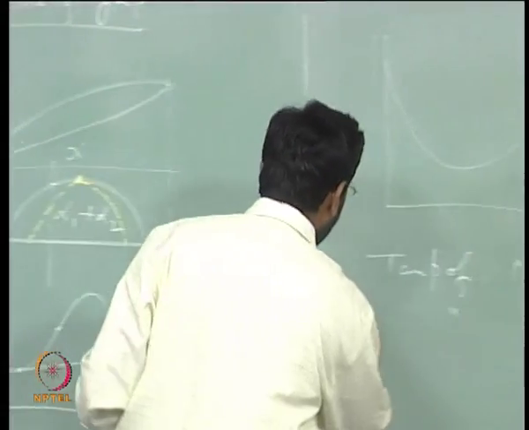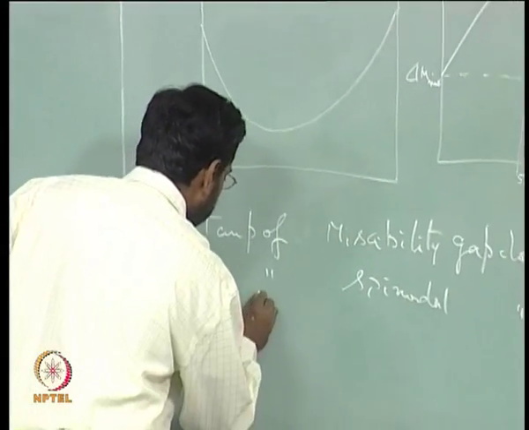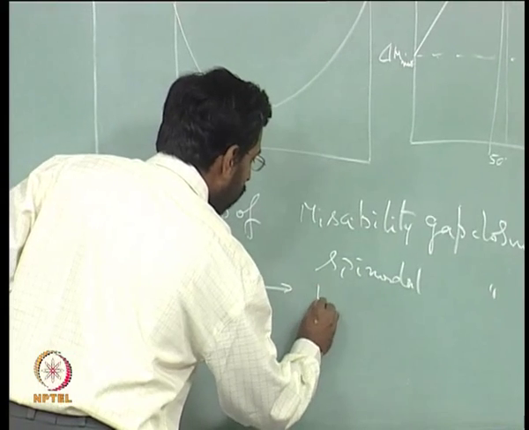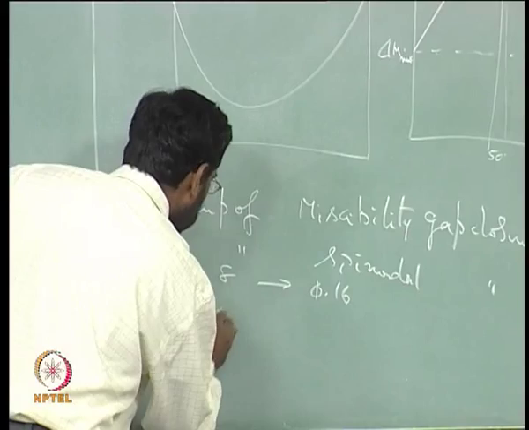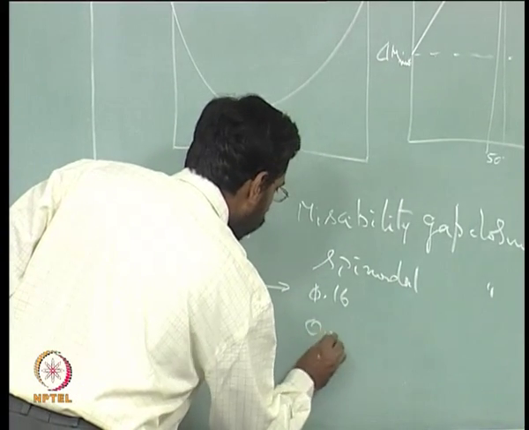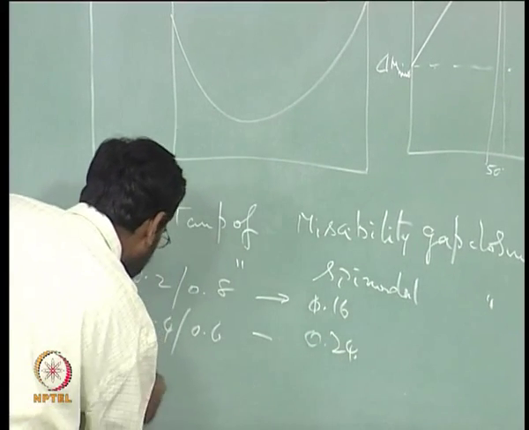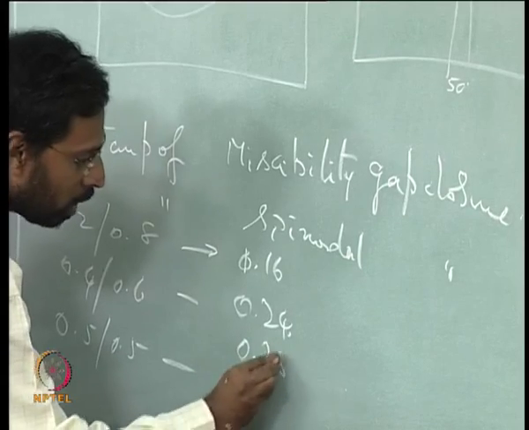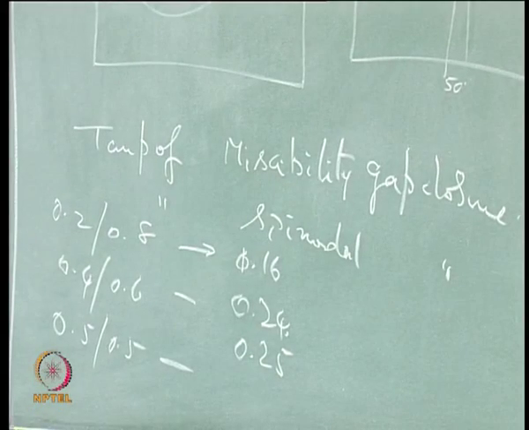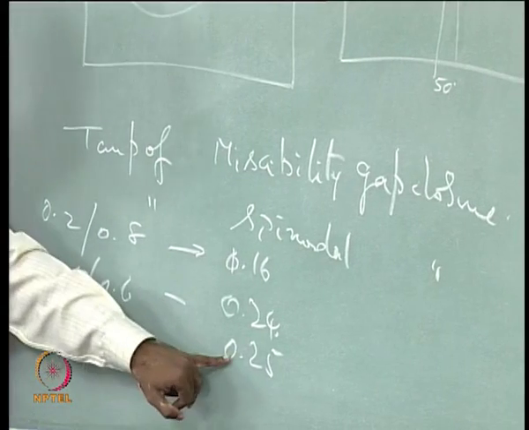So if I take 0.2, 0.8, then XA XB is 0.16. If I take 0.4, 0.6, XA XB is 0.24. Only when I take 0.5, 0.5, it is 0.25. Only then is this the highest.